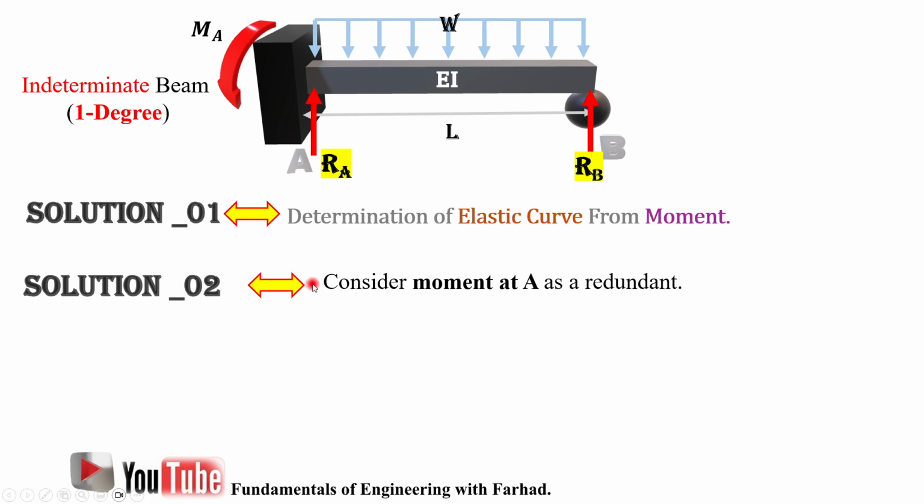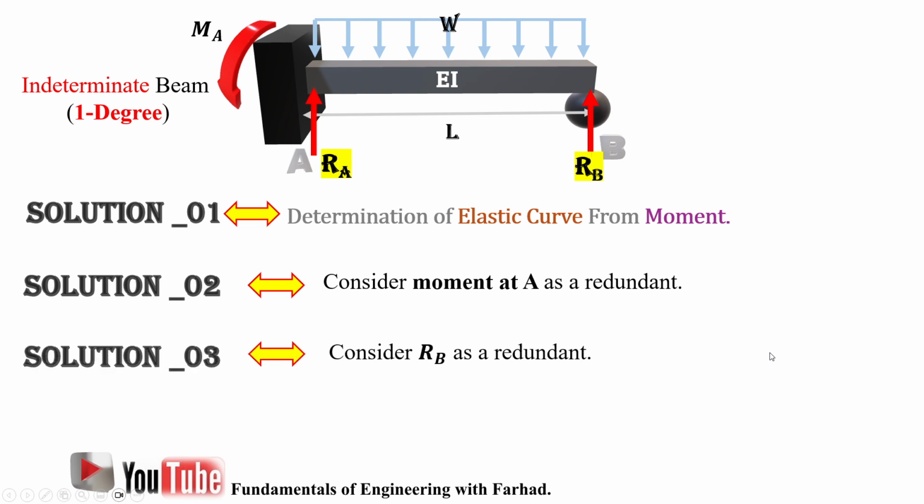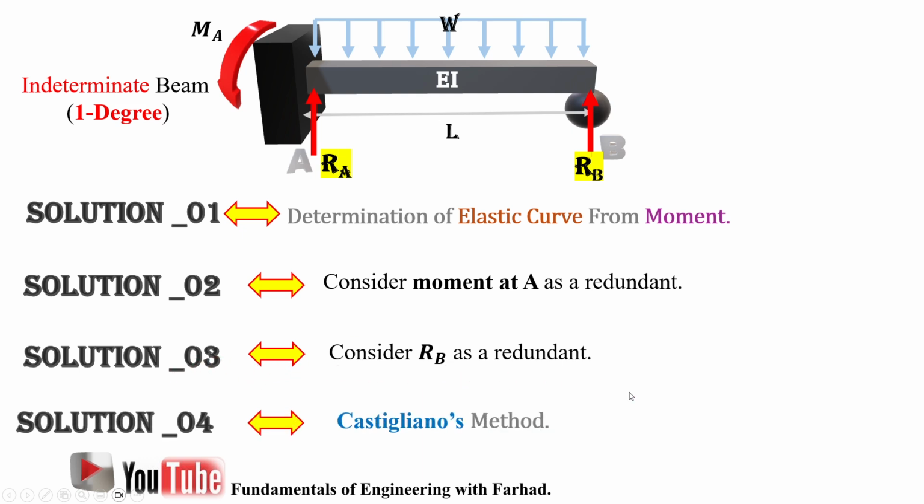This time we want to solve it by considering the moment at A as a redundant to convert our problem to a determinate beam, then solve it. Then in solution 3, consider RB as a redundant, and finally we'll solve with Castigliano's method.